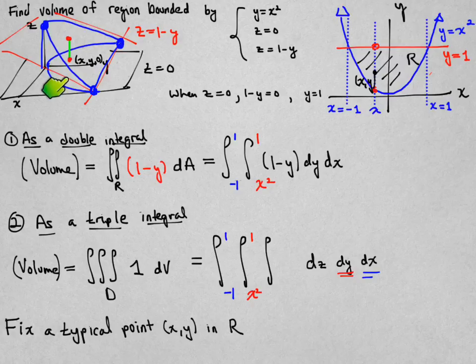And I'm going to examine where it enters the region and where it exits the region. It enters at z equal to 0 at the bottom plane and exits at the top where z is equal to 1 minus y. And so my limits of integration for z will be between 0 and 1 minus y, and we've now set up our triple integral for the volume.